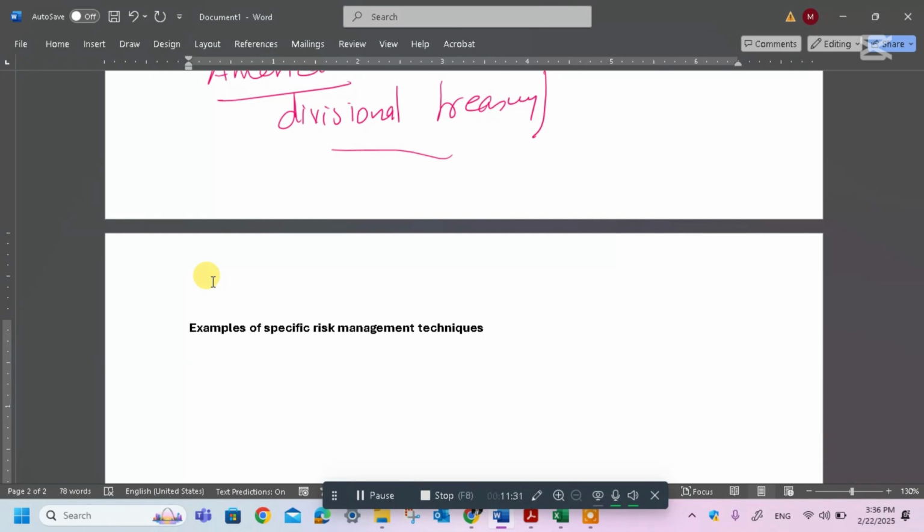Let's put it this way: the process of intra-group netting is described in annexure 1.